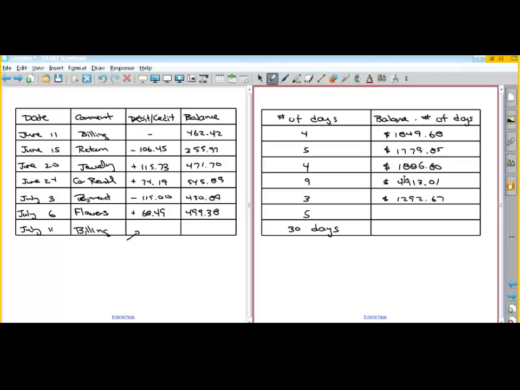And then finally 499.38 times 5. So that is 2496.90.